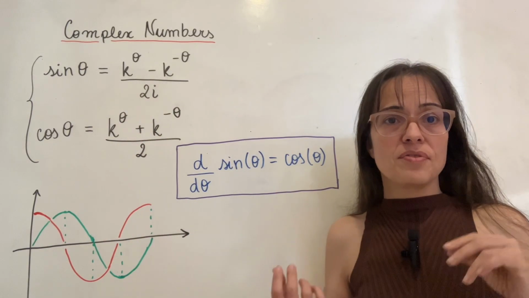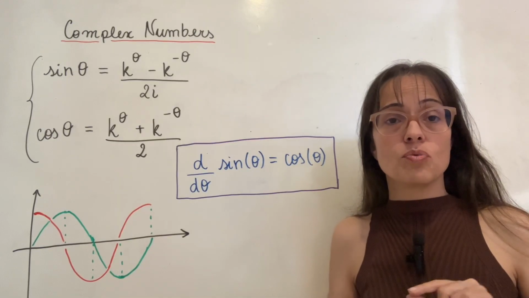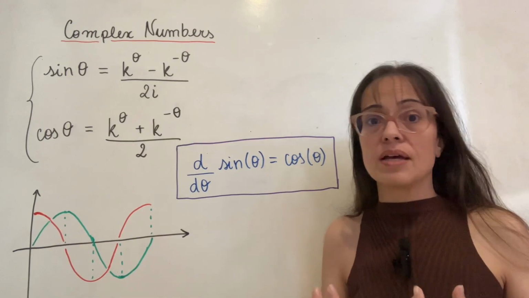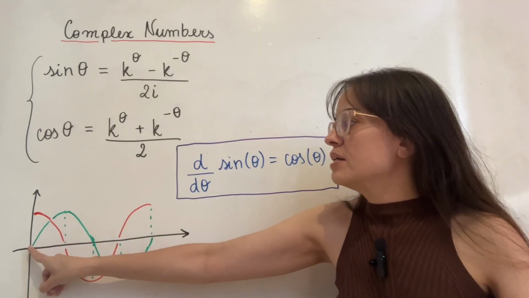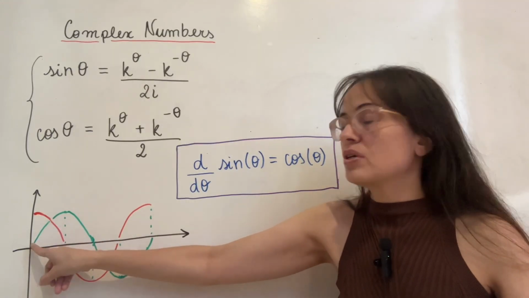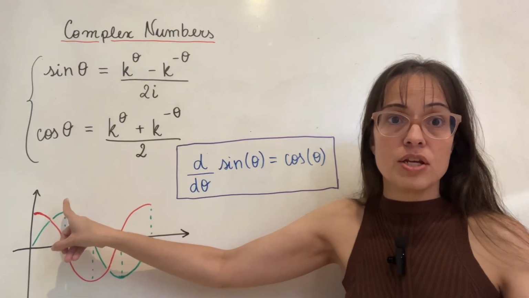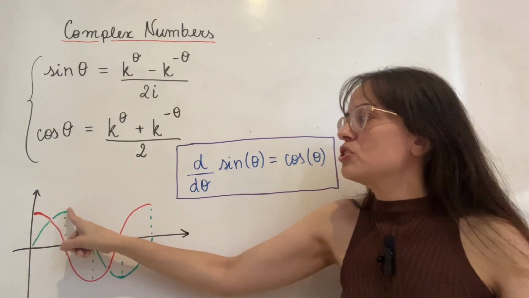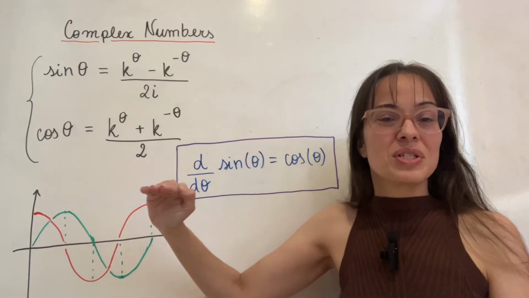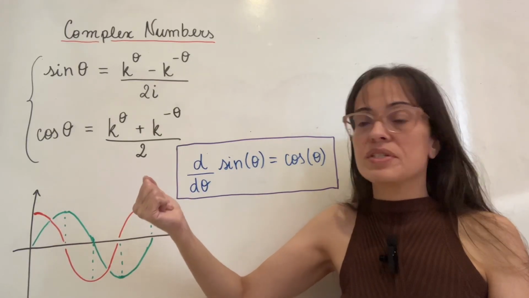This is true because the derivative of a function tells us the rate of change of the function at that point. So if you look at the sine function here, which is the green one, it starts by increasing, so it has a positive rate of change exactly where the cosine is positive. And then when the sine function reaches its maximum, it becomes horizontal at that point. It's not increasing or decreasing.